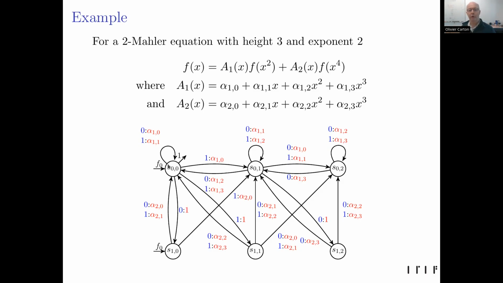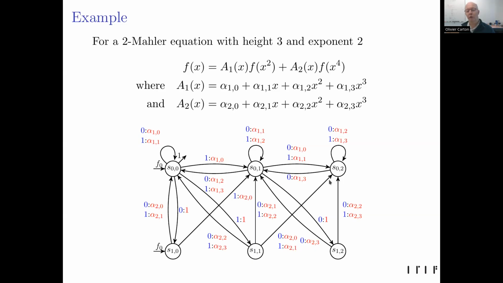The number of useful lines is the exponent, because here the exponent is 2. We only need these 2 lines, but you could imagine that you have more lines in the automaton. And since the degrees of the polynomials are up to 3, we need only 3 columns.